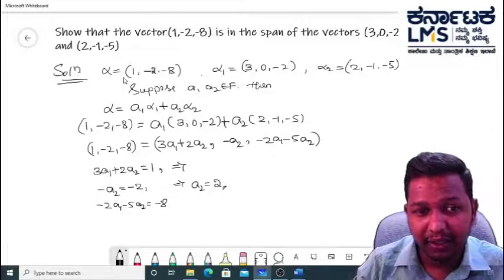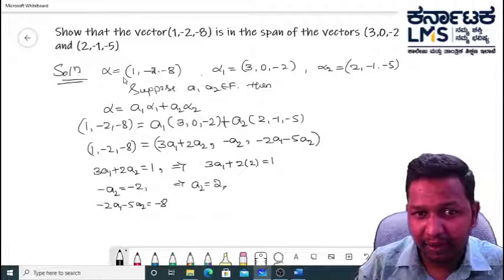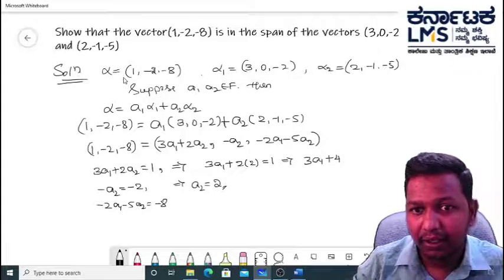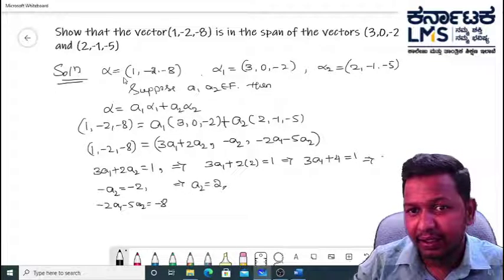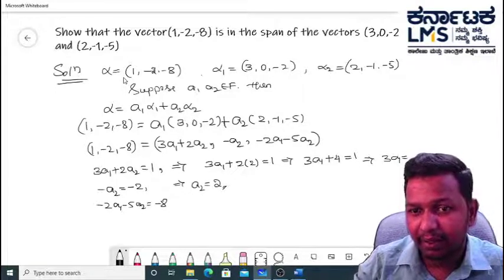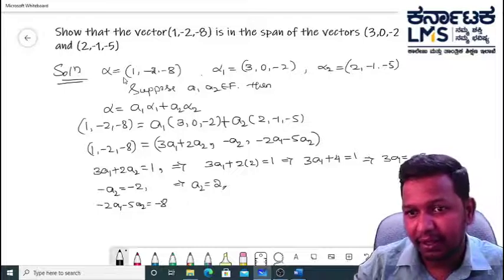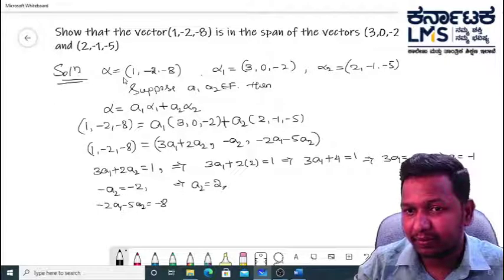Substitute this value into either the last or the first equation. What we have is 3a1 plus 2 into 2 equals 1, which implies 3a1 plus 4 equals 1, so 3a1 equals minus 3, which implies a1 is minus 1.